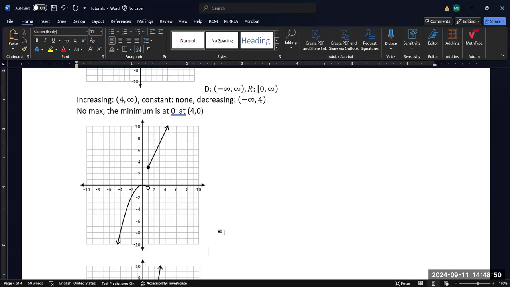Now, in this particular graph, again, we see that the domain is actually all real numbers. This section of the graph goes up to, but not including 1, and then this section starts at exactly 1 and then continues. So there is no breaks in the domain, and so the domain is also all real numbers.